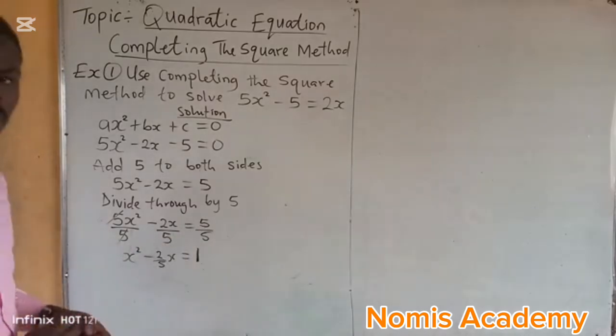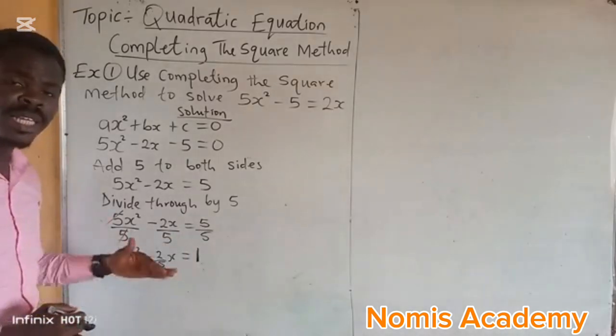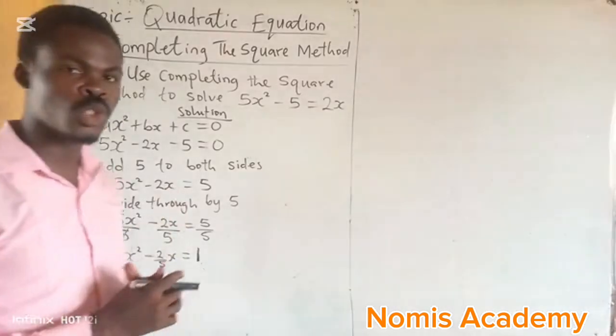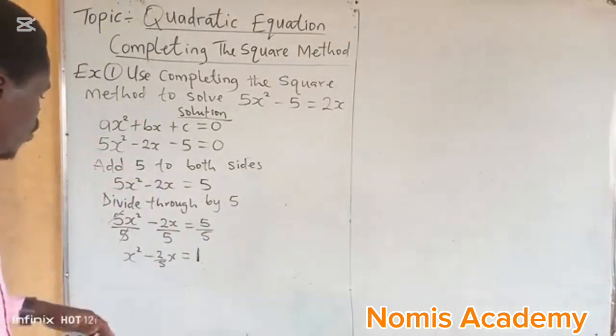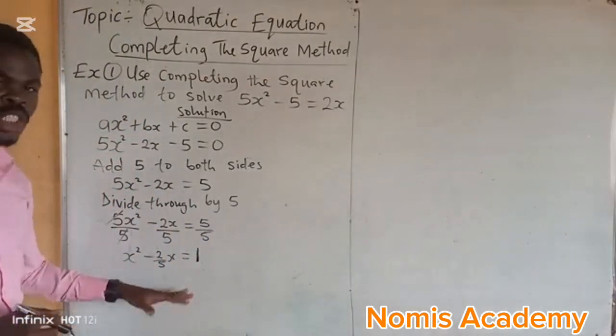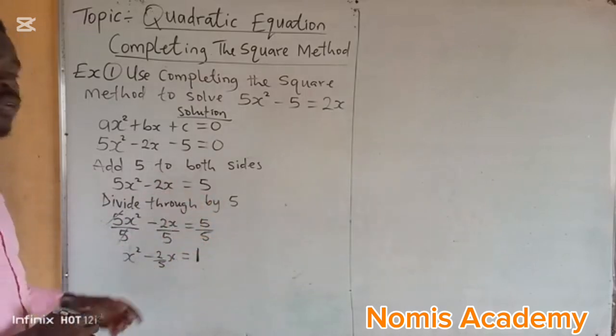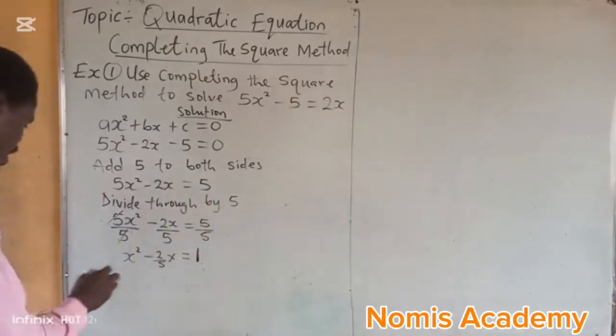To proceed further, we are going to make the left hand side a perfect square. To do that, we are going to add to both sides square half of the coefficient of x. Let me write it.